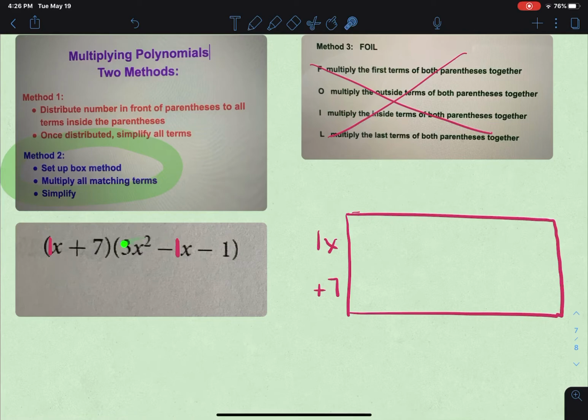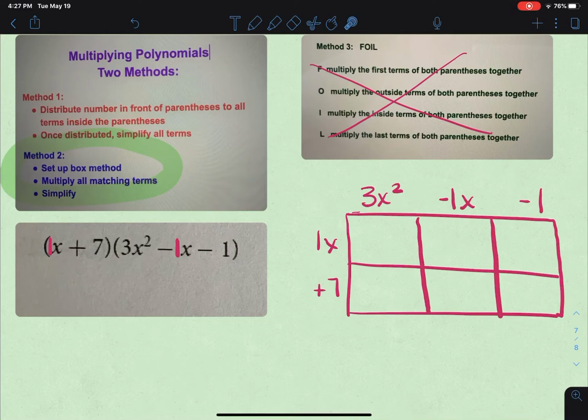And then I'm going to take this one and put it across the top: 3x squared minus 1x minus 1. And I made a column for each separate term. Okay, now I'm going to go through and start multiplying.